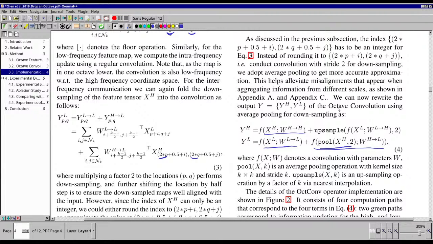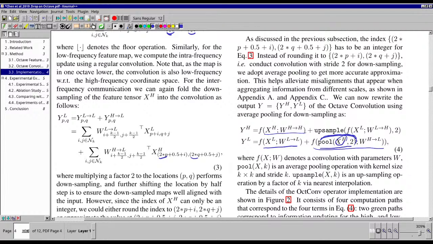This is bad because information here is supposed to be high density, high frequency, right? You forced it to be small, low frequency.